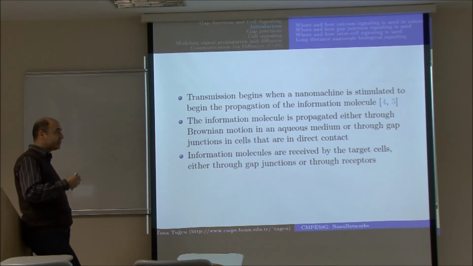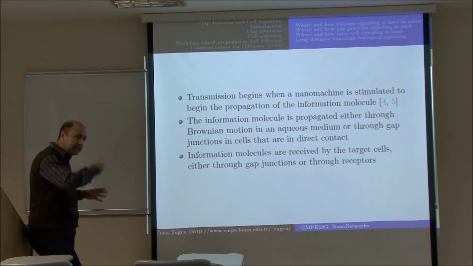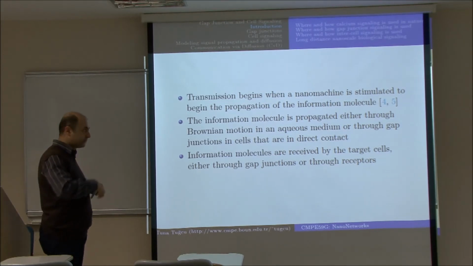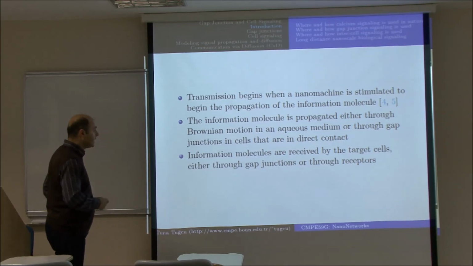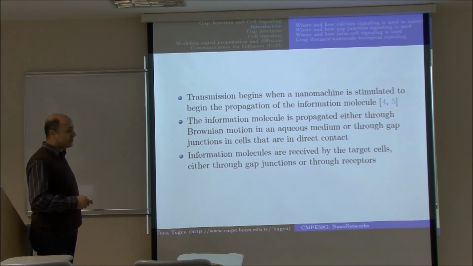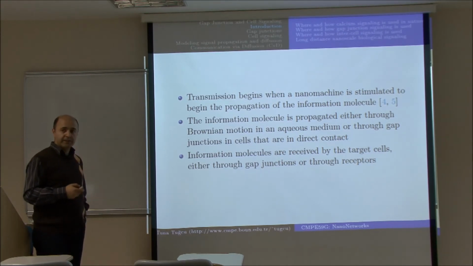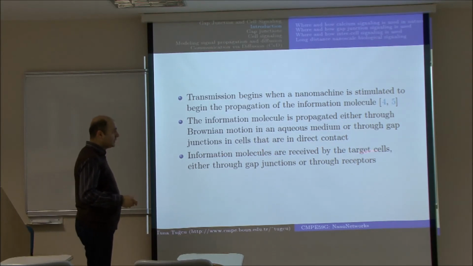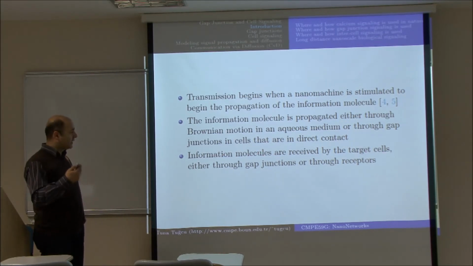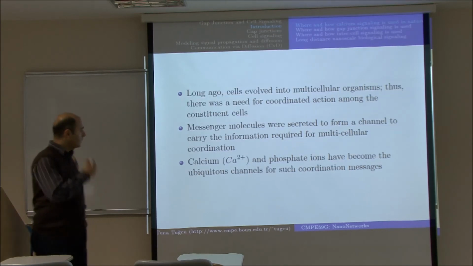One of the nanomachines is externally stimulated, and the information molecule is then propagated from one cell to the other, so that it creates a wave transmission from the source towards the destination, and that will be typically done by sending those messenger molecules using Brownian motion either through the gaps or through the extracellular environment. And once those are received at the other cells, they will be repeating the same process.